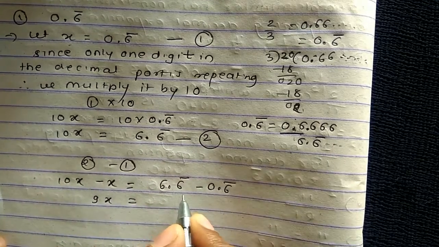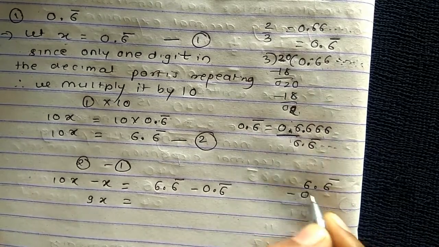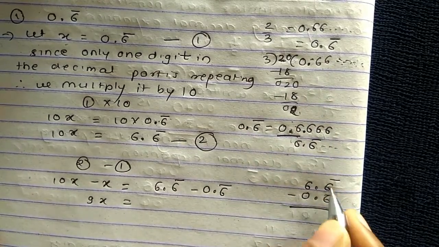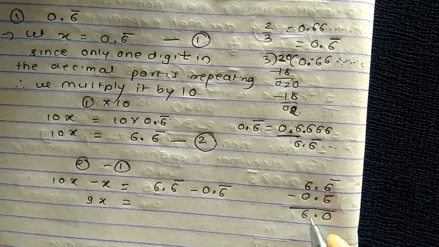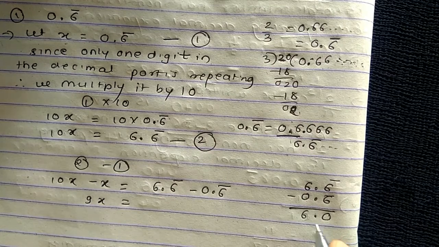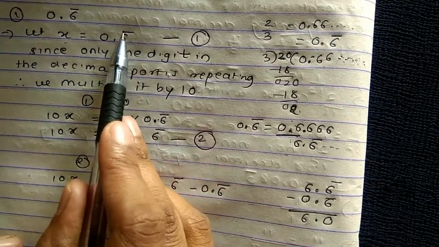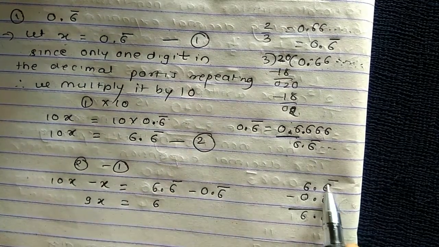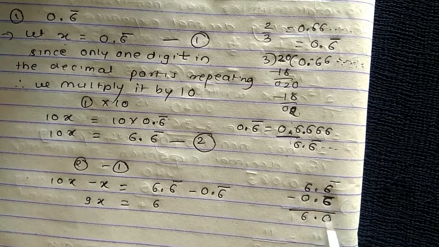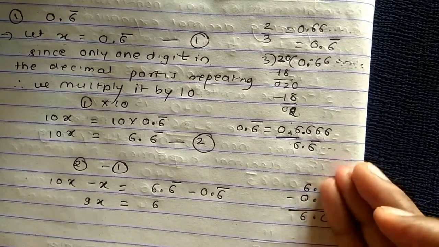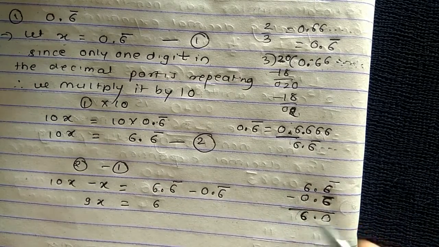Next, 6.6 bar minus 0.6 bar: the repeating 6 bar gets cancelled. So 6 minus 0 is 6. Our intention is to cancel the bar, so the repeating digit gets cancelled and you get only 6.